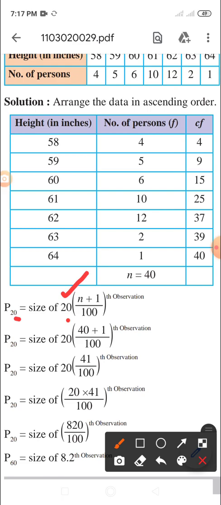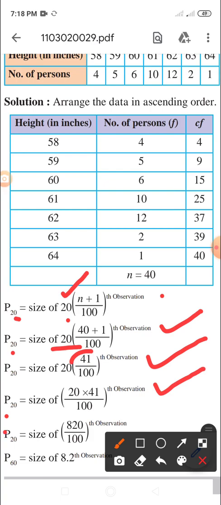So P20 is equal to size of 20 into (40 plus 1) upon 100th observation, that is 20 into 41 upon 100. Why do we divide by 100? Because percentiles divide data into 100 equal parts.